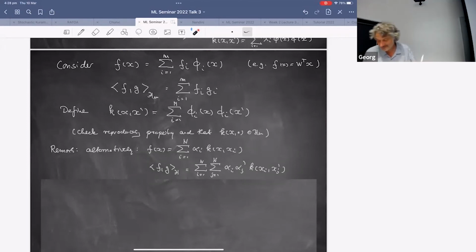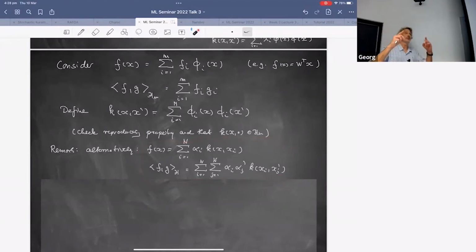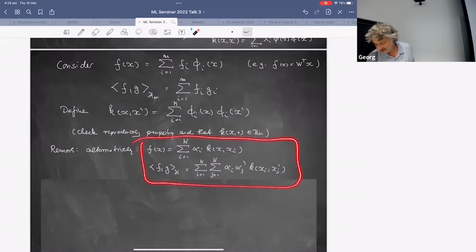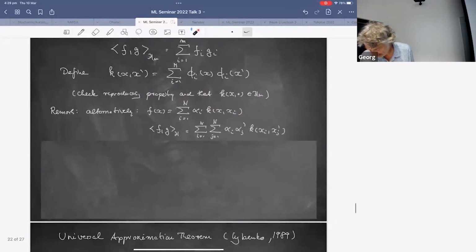This is in some sense why people like it, because you don't have to go into this high dimensional Hilbert space, look at all your features, which are very high dimensional, and multiply them together, which is very costly. You just work directly with the kernel, okay? So it's an equivalent formulation, and it's one that is actually used from a practical point of view.